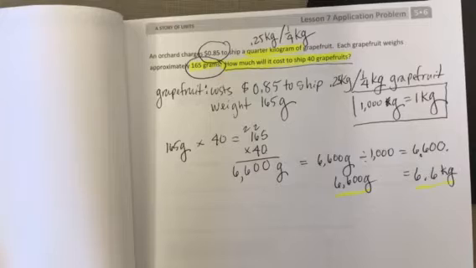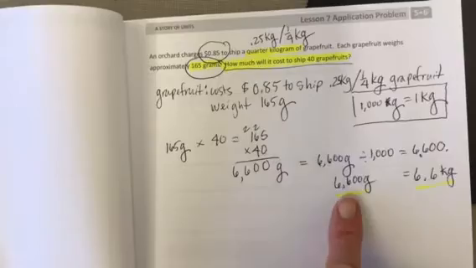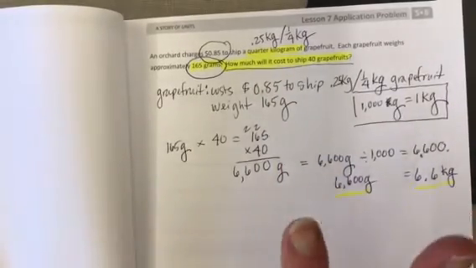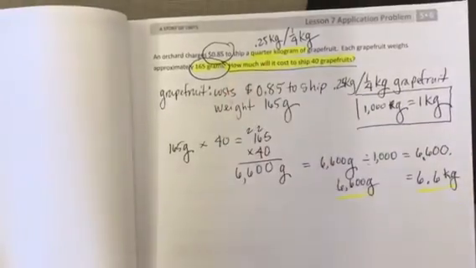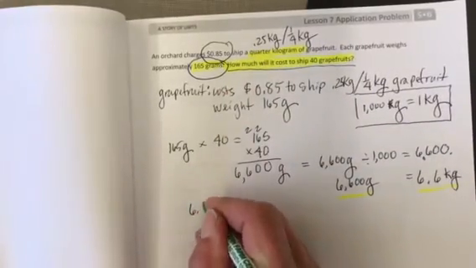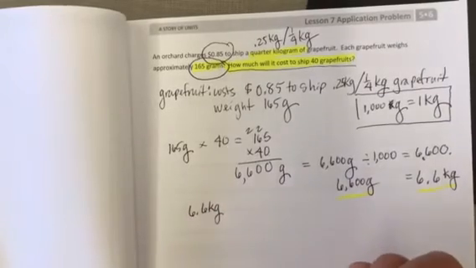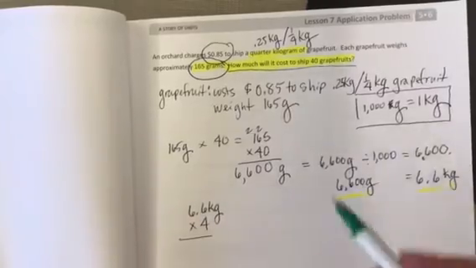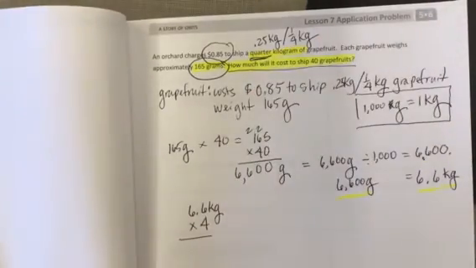So if each grapefruit weighs 165 grams, how much will it cost to ship 40? We're going to take this 6.6 kilograms and multiply it by 4, and the reason is that it is a 1/4 kilogram. So there's 4/4 in a kilogram. So we multiply that out.